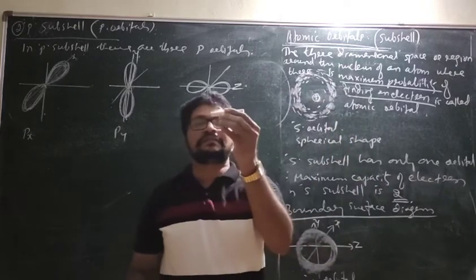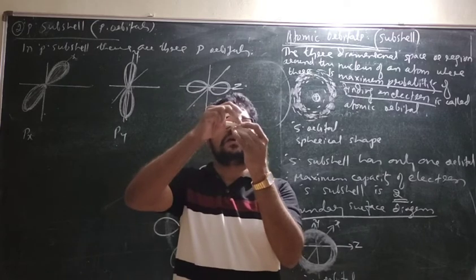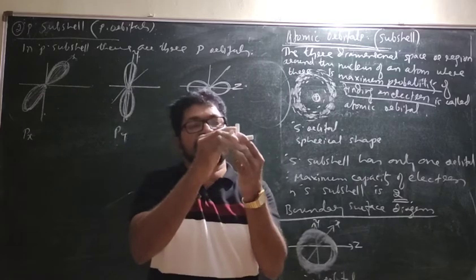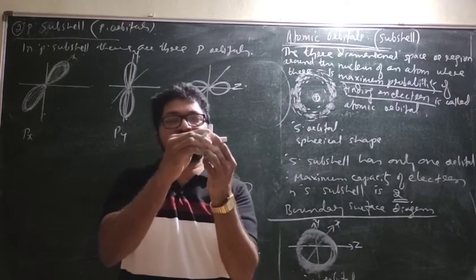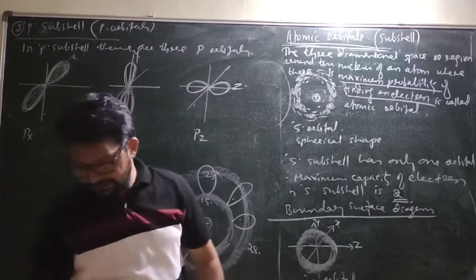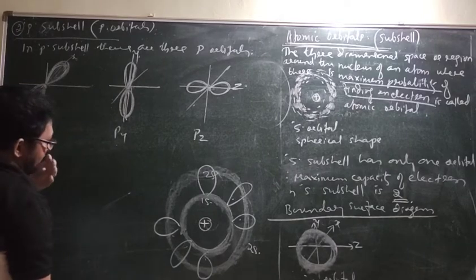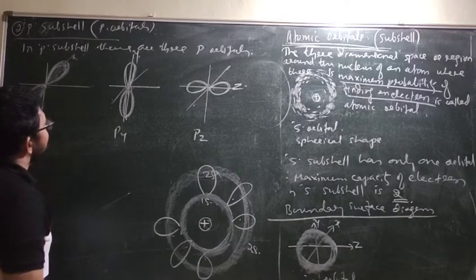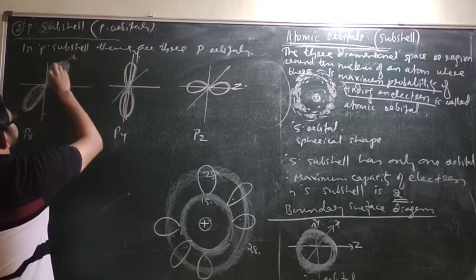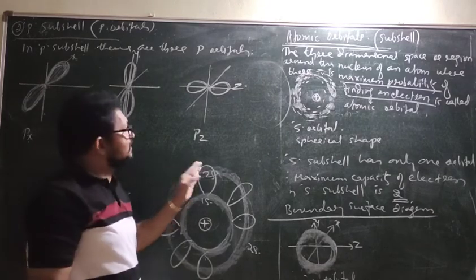This is Z axis, this is Y axis, and this is X axis. By making this, the three p orbitals are built. They are mutually perpendicular to one another. This is along X direction, this is along Y direction, and this is along Z direction.